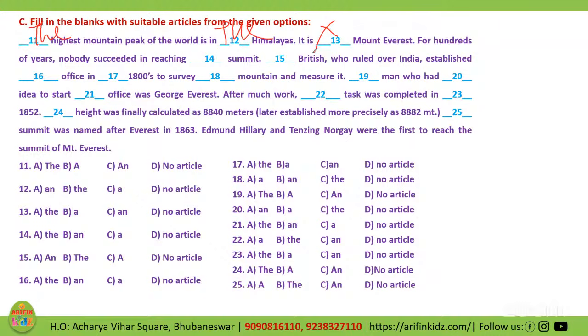Next, we have succeeded in reaching. क्या होगा 14, everyone? 14 is the. 15 is the, in front of nationalities we put the, right? The British, the European.